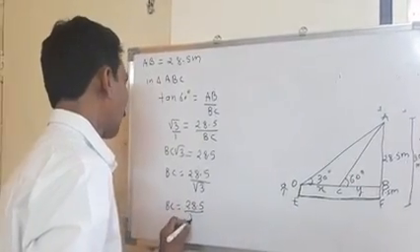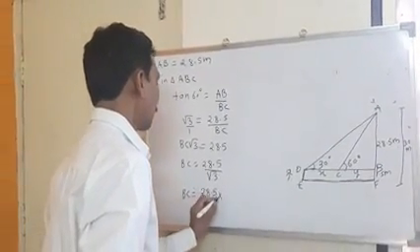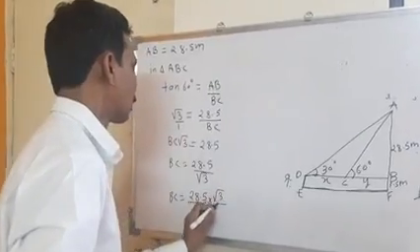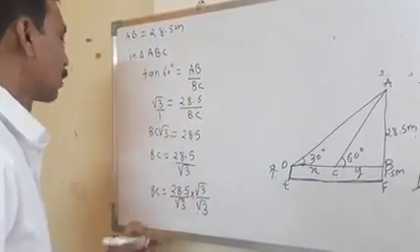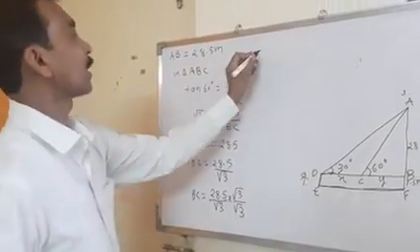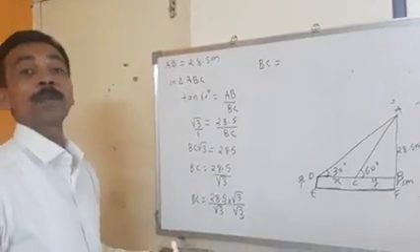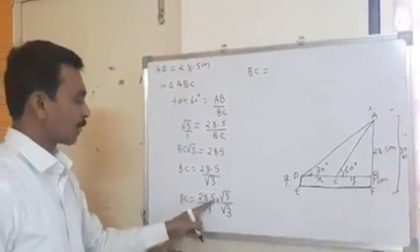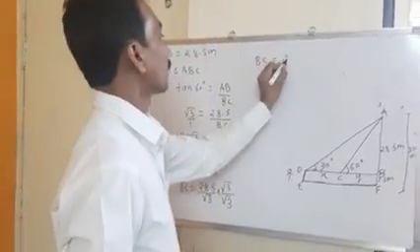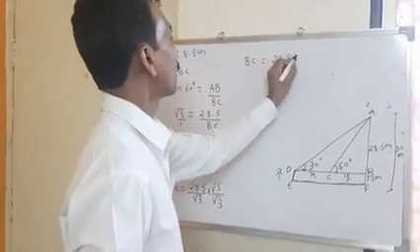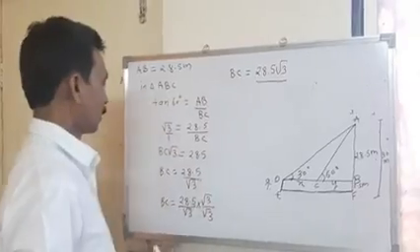So BC is equal to 28.5 upon root 3 into root 3 upon root 3. I will write here. BC is equal to, multiply numerator with numerator, 28.5 into root 3 is 28.5 root 3.